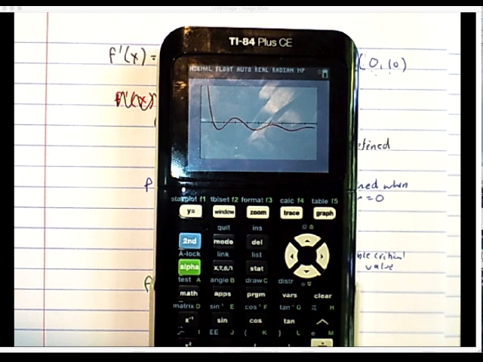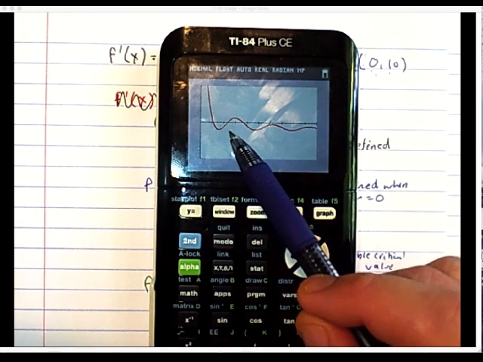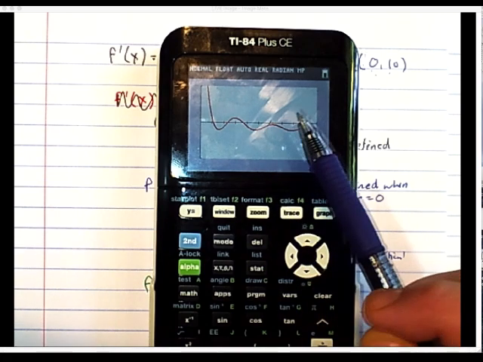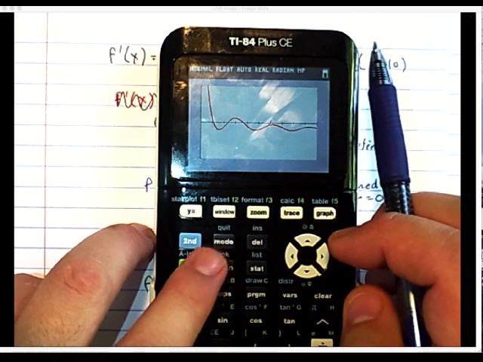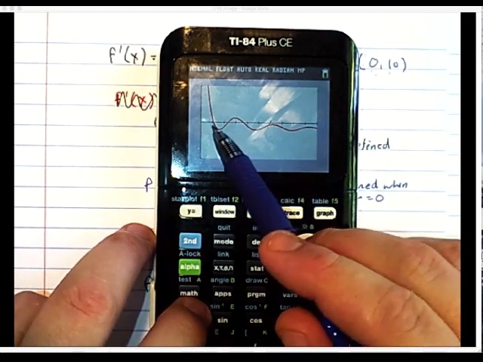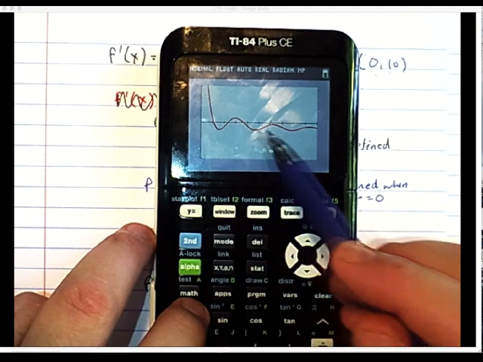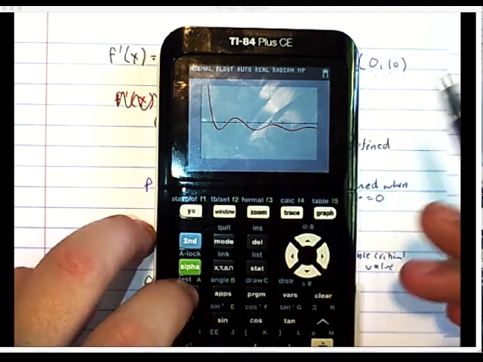Or how many places does it equal 0? There, there, there. So if I just looked at this, 1, 2, 3, to me it just looks like there's 3. So is the right answer 3 or 6?